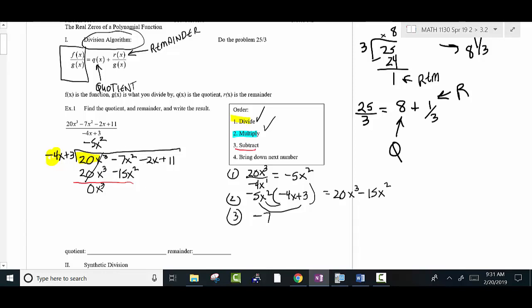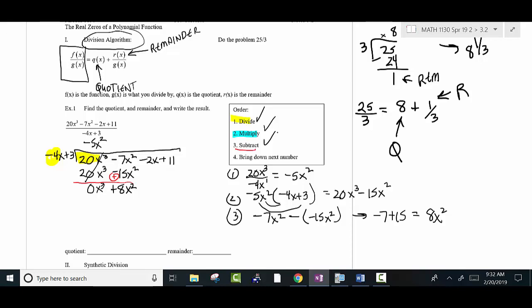You're really doing negative 7x squared subtract negative 15x squared. Sometimes I'll tell students to just change the sign and add. So what you're really doing is negative 7 plus 15, that would give 8x to the second. So what goes there is a positive 8x to the second. That's our subtraction step. The most likely place students mess up is on step 3. That's what I see more often than anything else.